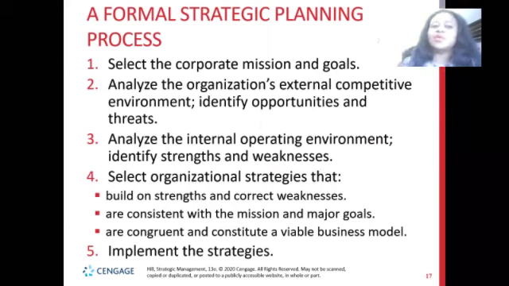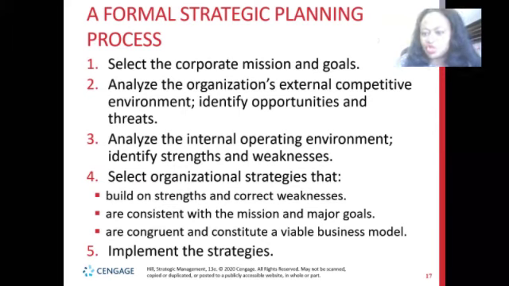And then lastly, what I wanted to go over is that there is a formal strategic planning process. There's always going to be some deviation depending upon the manner with which general managers want to tackle this. But the formal strategic planning process should include the steps that we are going to go over now.